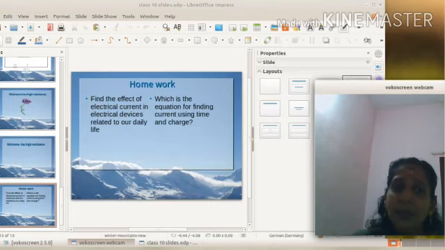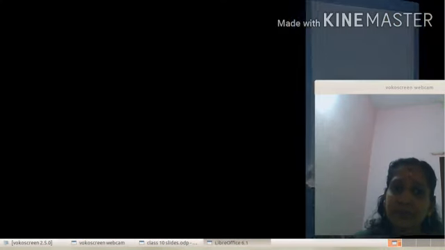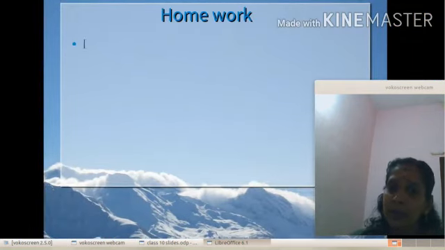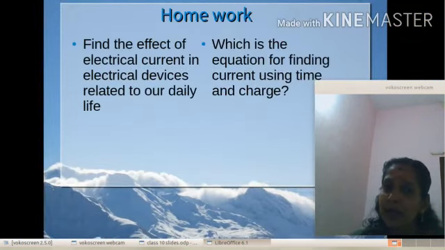You studied about this equation, finding current using time and charge. If the time is given, if the charge is given, we can find current. You studied about it in 9th standard. Okay?